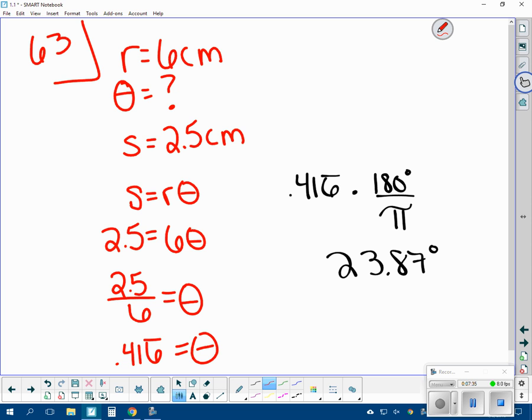Where did the pi go? I divided by the pi button. I took this right out of my calculator, times 180 degrees, and then divided by pi, because we don't ever want to leave pi in our answer for degrees.